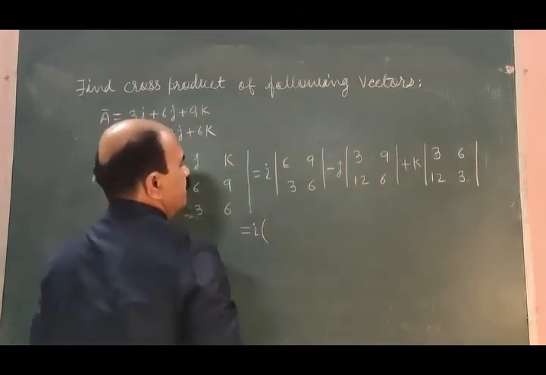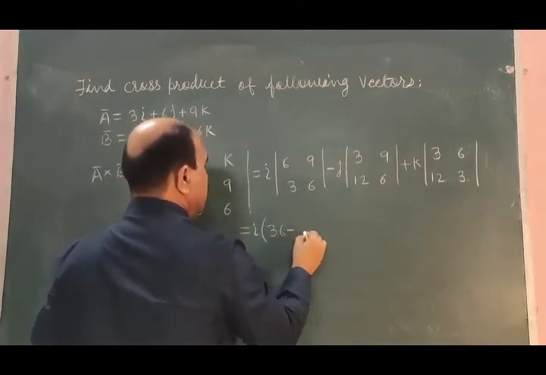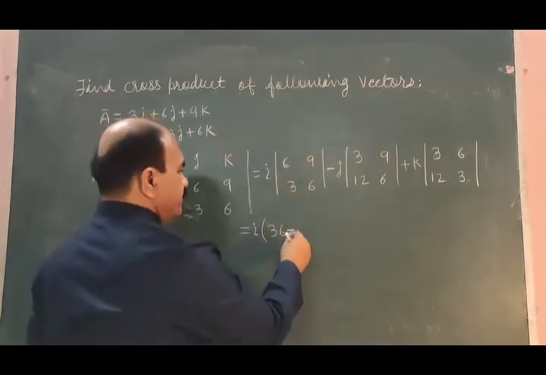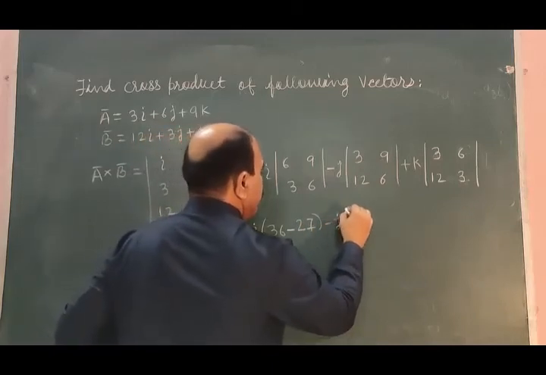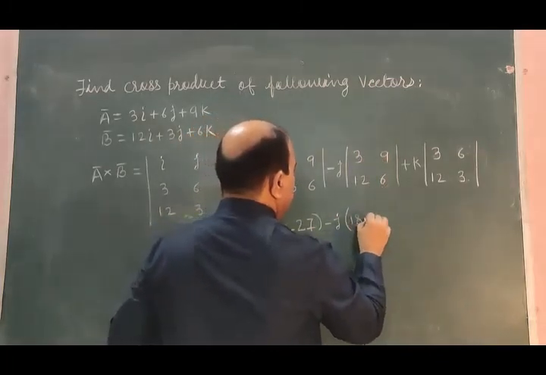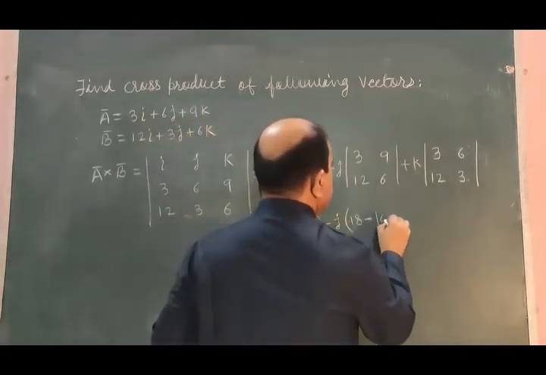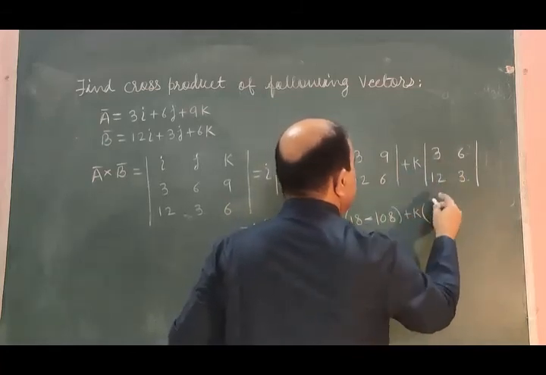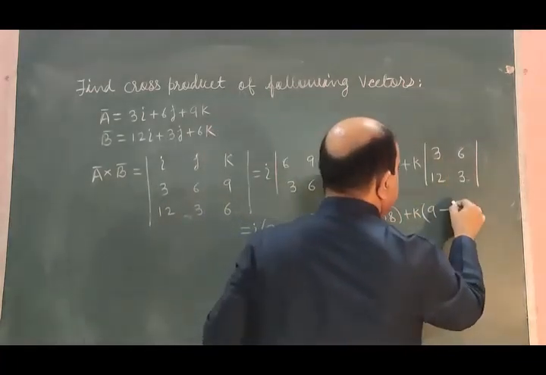This is equal to i into (6 6s are 36 minus 9 3s are 27), minus j into (3 6s are 18 minus 12 9s are 108), plus k into (3 3s are 9 minus 12 6s are 72).